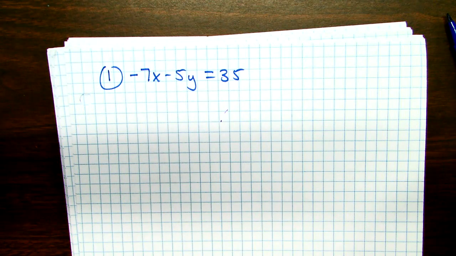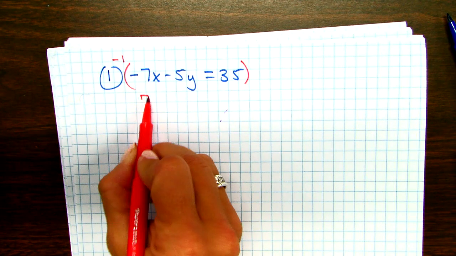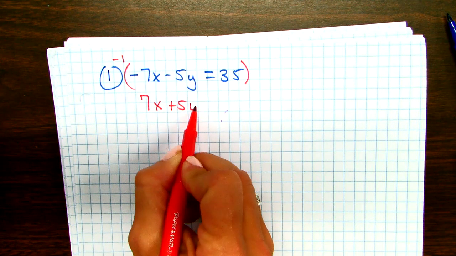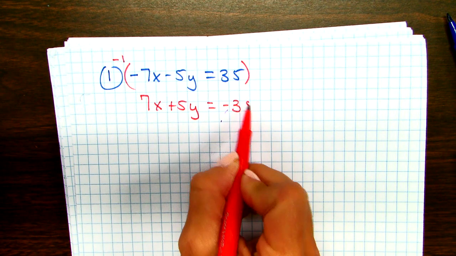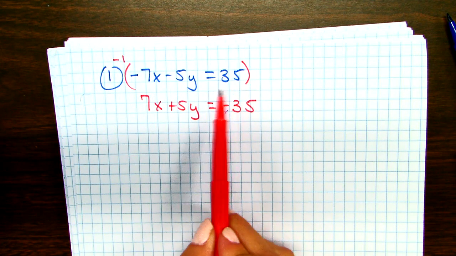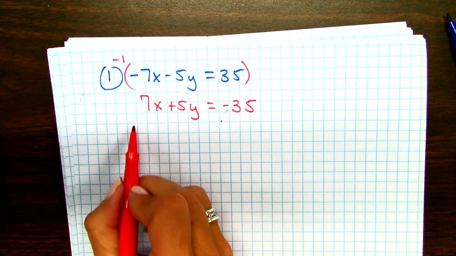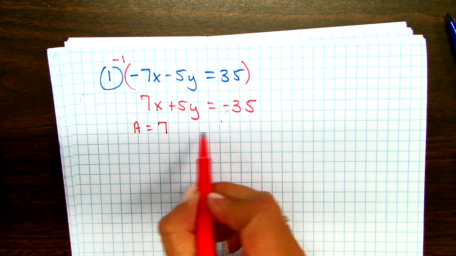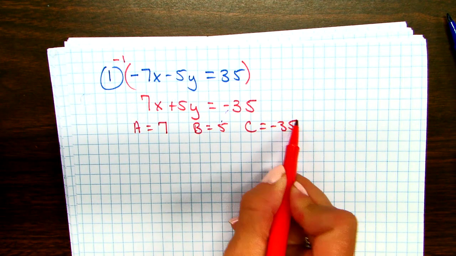There's no decimals, but we have to multiply by negative 1. A common mistake, guys, is people forgetting to multiply the constant by the negative as well. All three terms get that negative, okay? And then state what A, B, and C are. There you go.